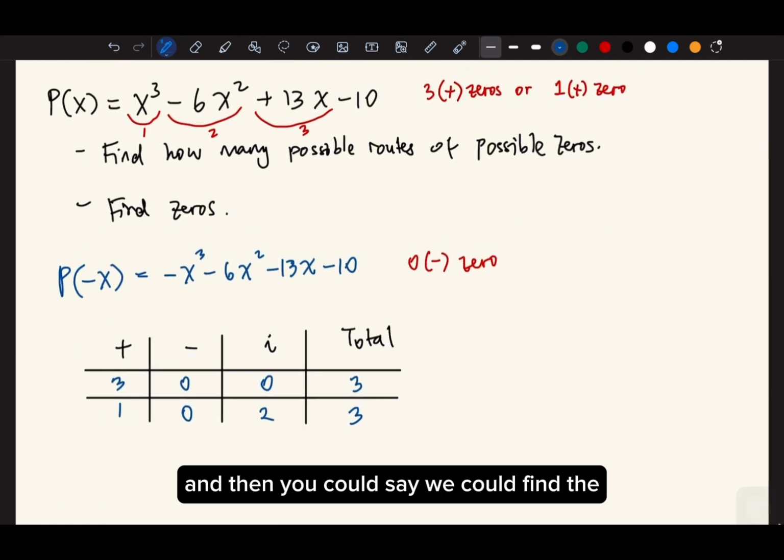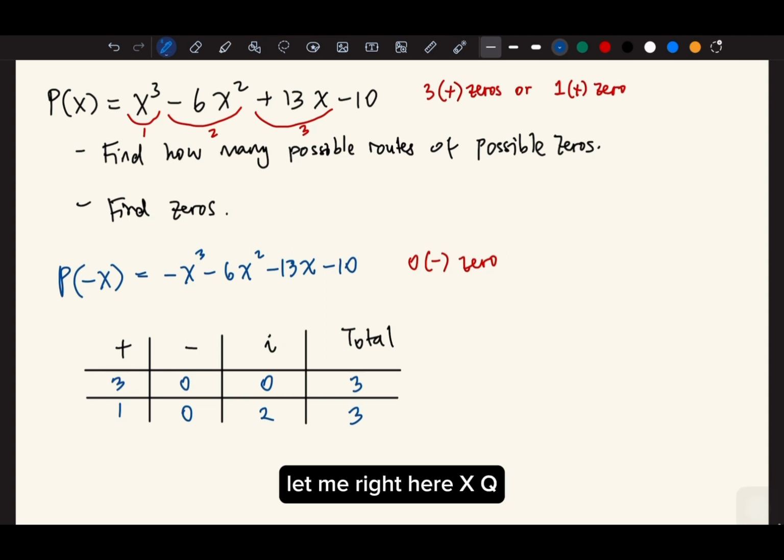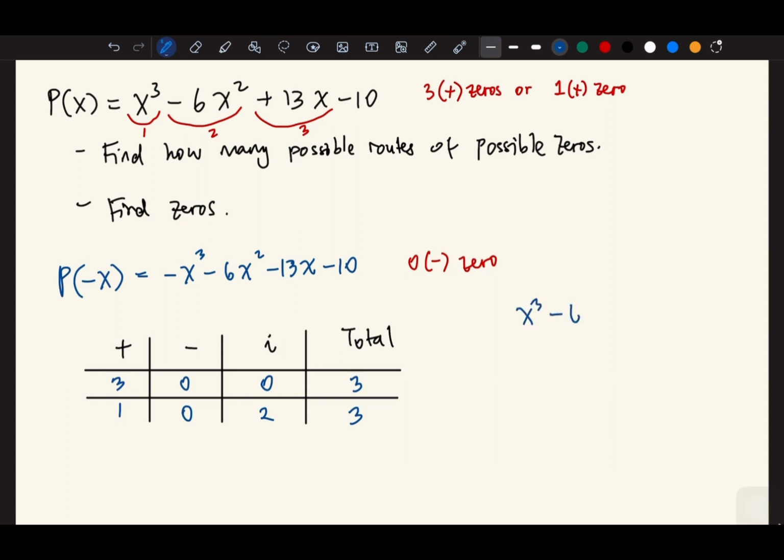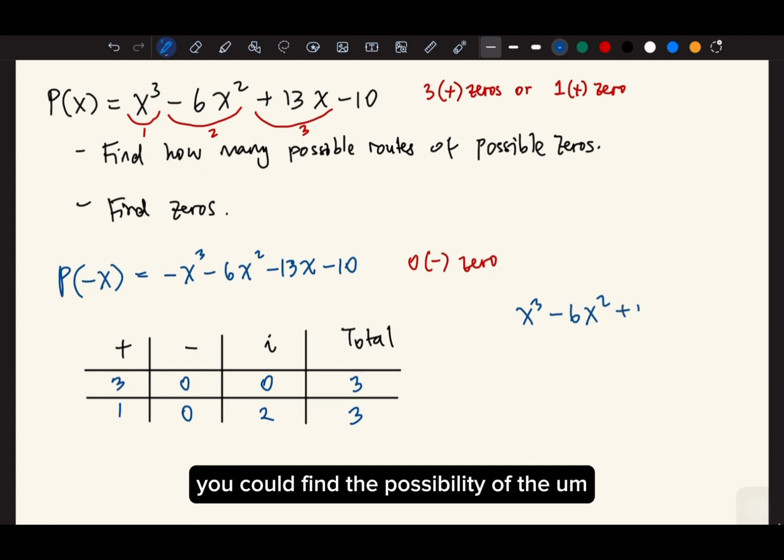And then let me write here, x cubed. We could find the possibility of the zeros. Based on this, it is 10 and 1.